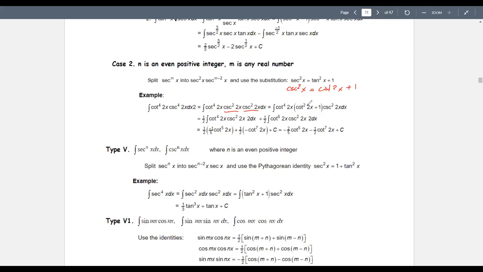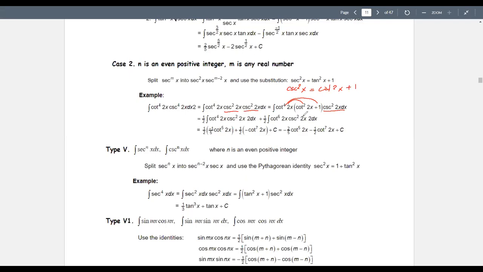That's what is being done. The purpose is very clear: you can now combine all the cotangent. The cosecant squared 2x, which was taken from here and not touched at all, will now be the derivative of your cotangent.